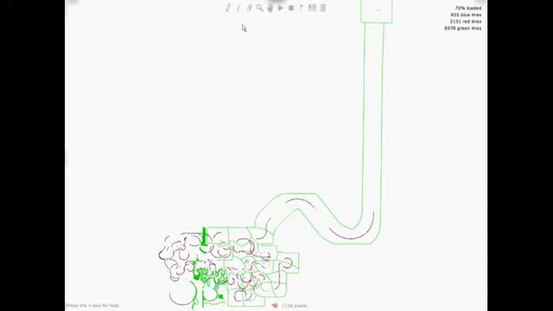Actually, I think I need to erase all of the lines that aren't part of the actual scenery.